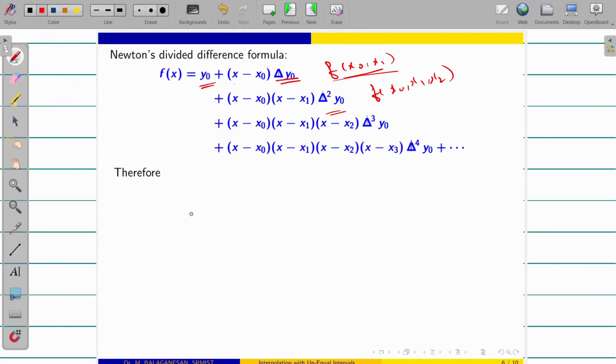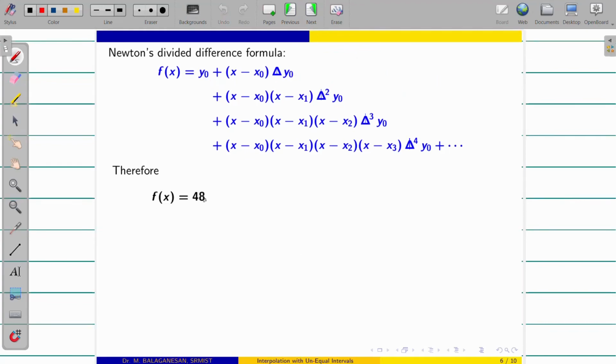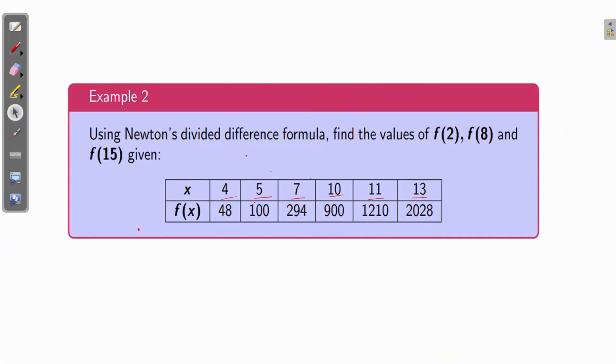Therefore, f of x equals y naught, whose value is 48 from the table, plus x minus x naught, where x naught is the first value of x. Look at that, this is x naught, this is x1, this is x2, this is x3, this is x4, this is x5, and this is y naught.